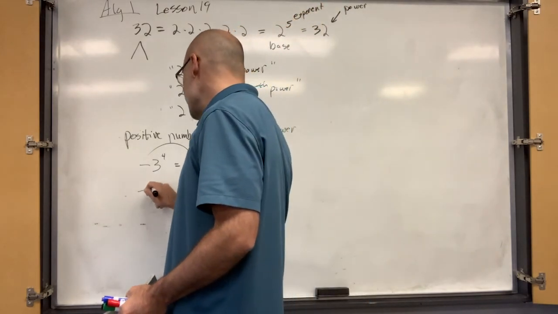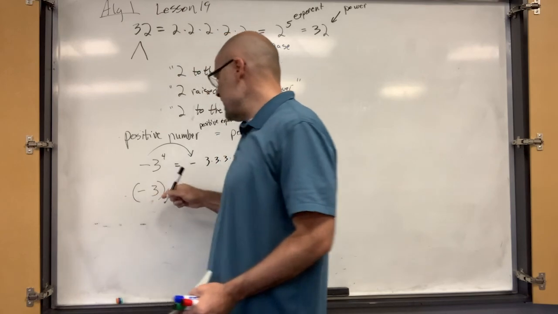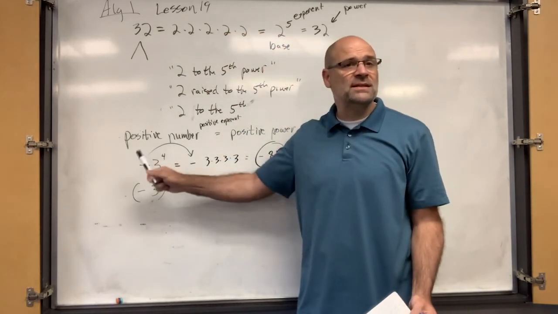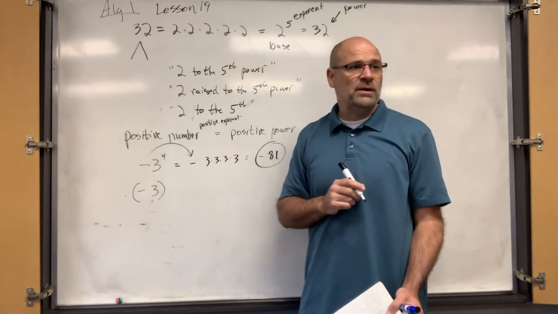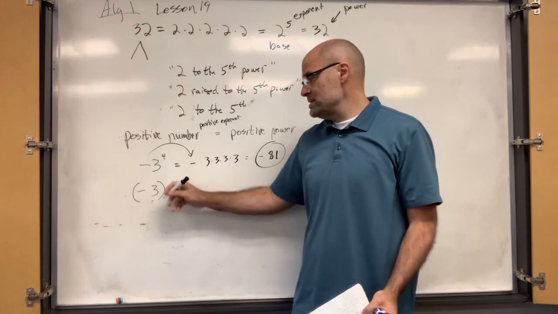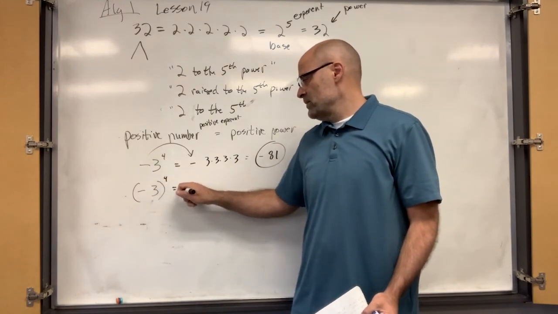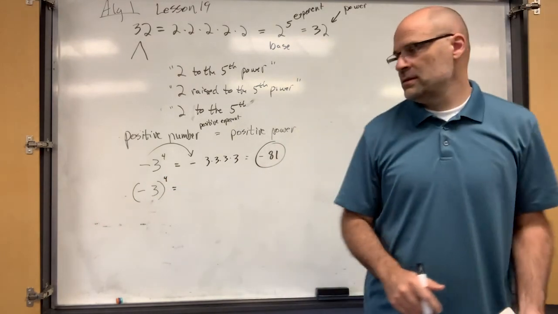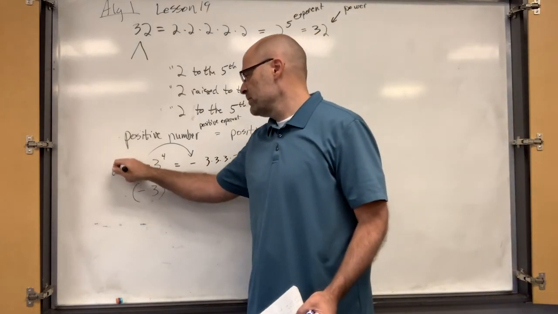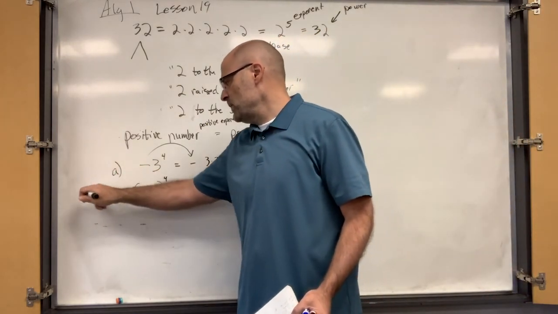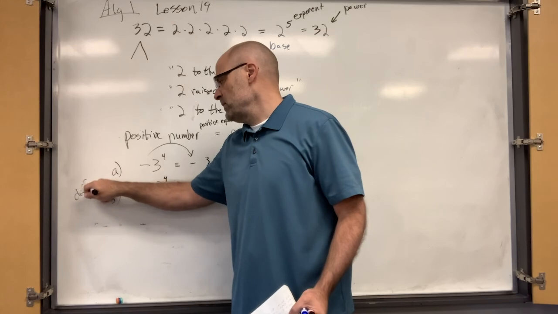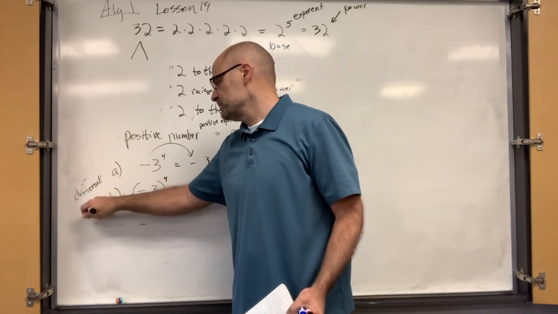Okay, now this is different. Now, this time you do the exponents first and then the negative sign. But what do you do first? You do what's in parentheses first. (-3) to the 4th. So this is one problem. These are different problems, different math problems.